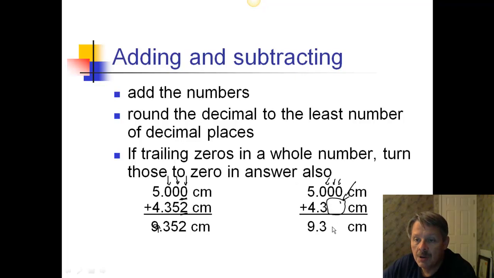But over here, these digits, I can't bring them down. They just cannot exist. So all I can do is come up with 0.93. So the bottom line is I line the numbers up, and I look over here to the right, and I see where I have numbers and where I have numbers missing. And if I have numbers missing, I cannot make up those numbers down here in the answer. They have to stay missing.